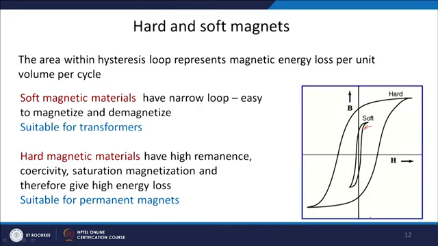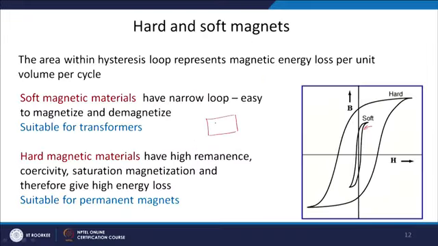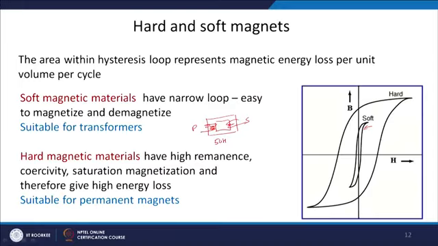So, you can understand in a transformer, you have a primary winding. For example, suppose you have a transformer like this. You have the primary winding here, and you have the secondary winding here, and in the primary winding an alternating current is flowing which has a frequency of 50 hertz.